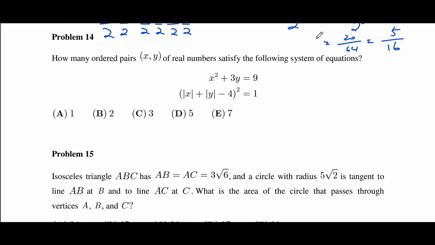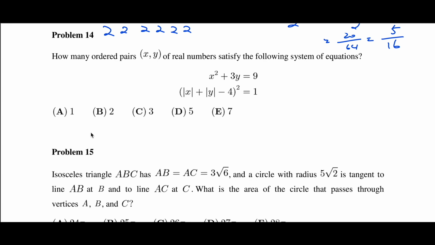Let's move on to problem 14. The best way to figure out the number of solutions is to draw a graph in the coordinates. So this is y, this is x, and this is the origin. The first equation is basically a parabola. If we rewrite the equation, it becomes y equals negative 1/3 x squared plus 3.